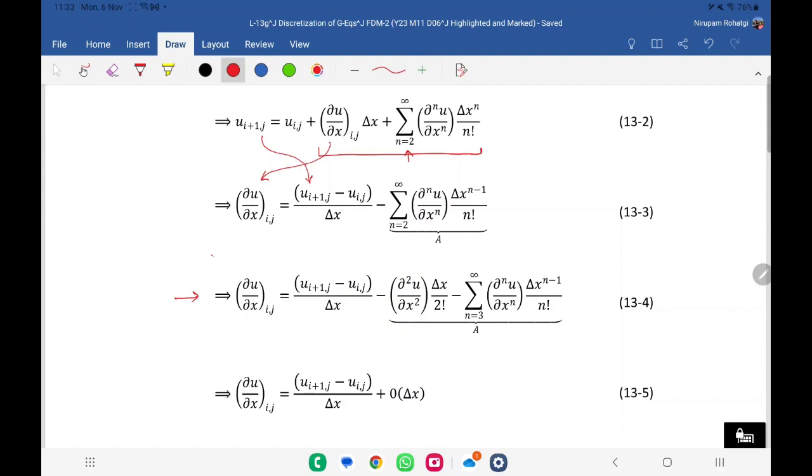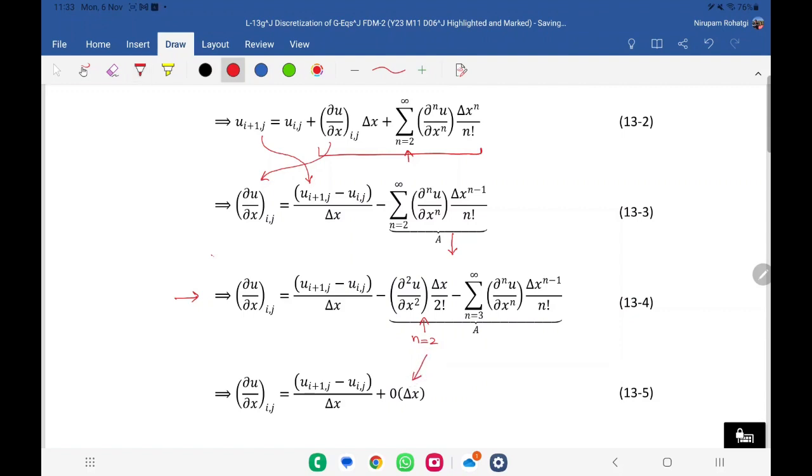The only thing we have done is bring this derivative term to the left side. Now again, this sum of the series, we have broken into two parts. You see that this term was n equal to 2 and the remaining are n equal to 3 onwards. Now this term is written like this.